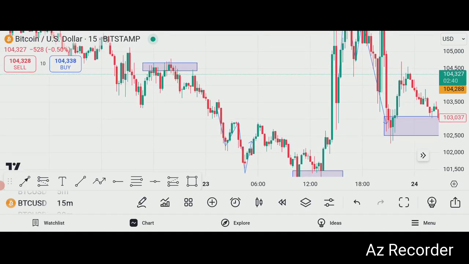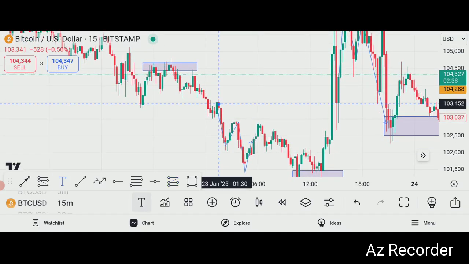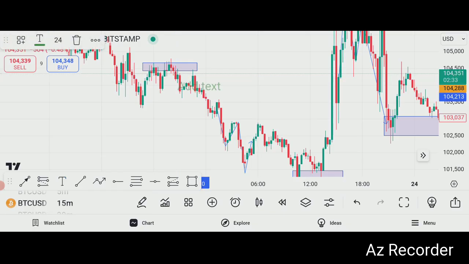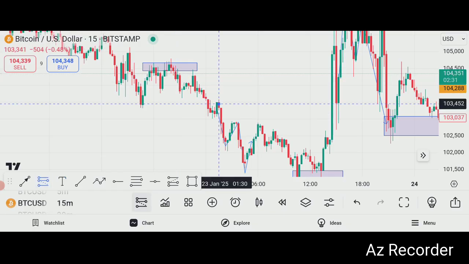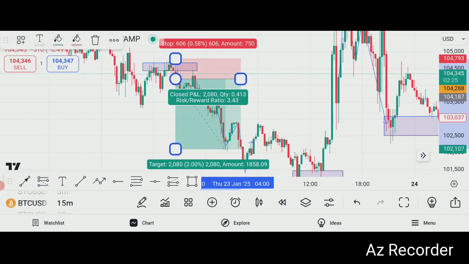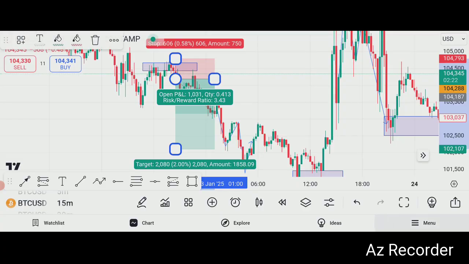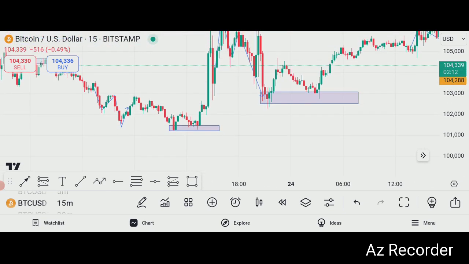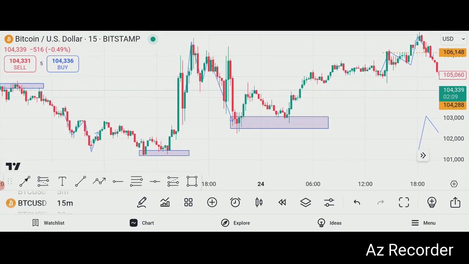Seeing this candle right here pushing down, I will enter at the closing of that candle, then put my stop above. I will enter from that place. So that is how to identify the double top and double bottom.